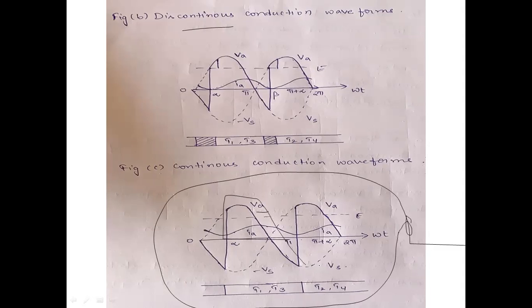From alpha to pi plus alpha, Vm sin omega t d omega t, since this is a sinusoidal wave. If you integrate that, you get 2 Vm by pi cos alpha.